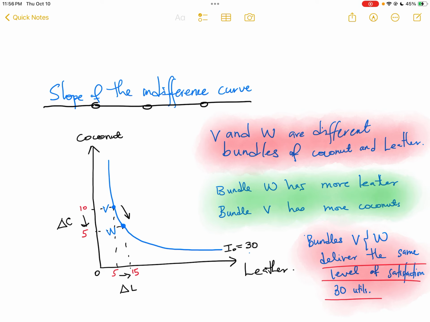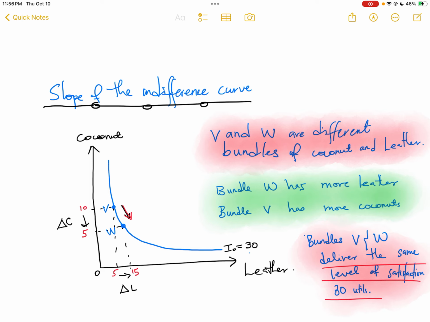So the consumer will either consume bundle V or bundle W and get the same level of satisfaction. If the consumer wants to exchange bundle V for bundle W, then we see this movement along the indifference curve. We move from bundle V to bundle W.